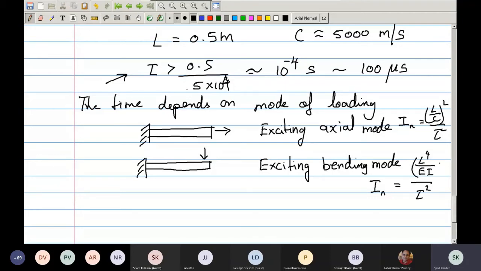I don't know the exact expression, but you have to be careful when you estimate these numbers. Typically, for axial impact, the time over which the load is applied should be about 100 microseconds. This is important.